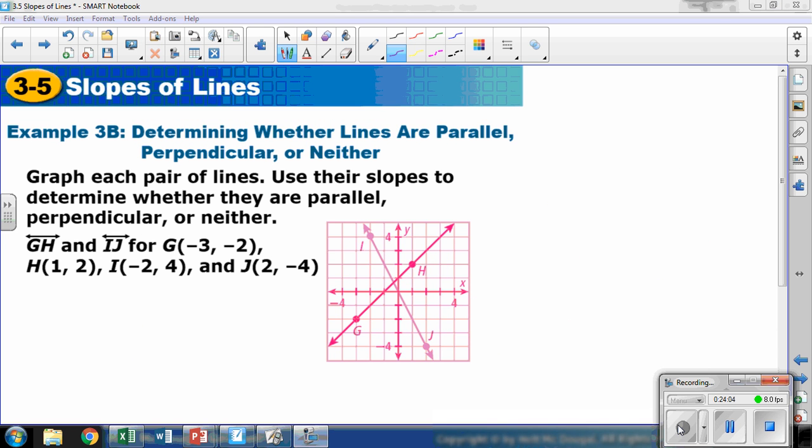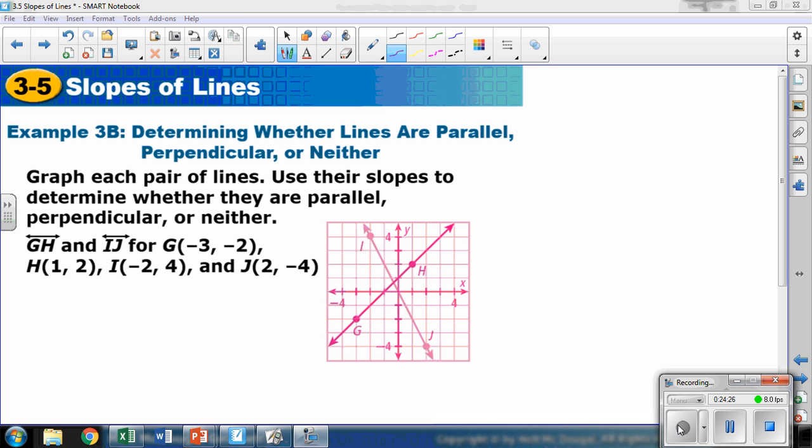Well, we could do the same thing here as well. In the interest of saving a little bit of time, I've already got the graphs put up, that way you can verify. Graph the points, connect the dots, and then let's get our slopes.